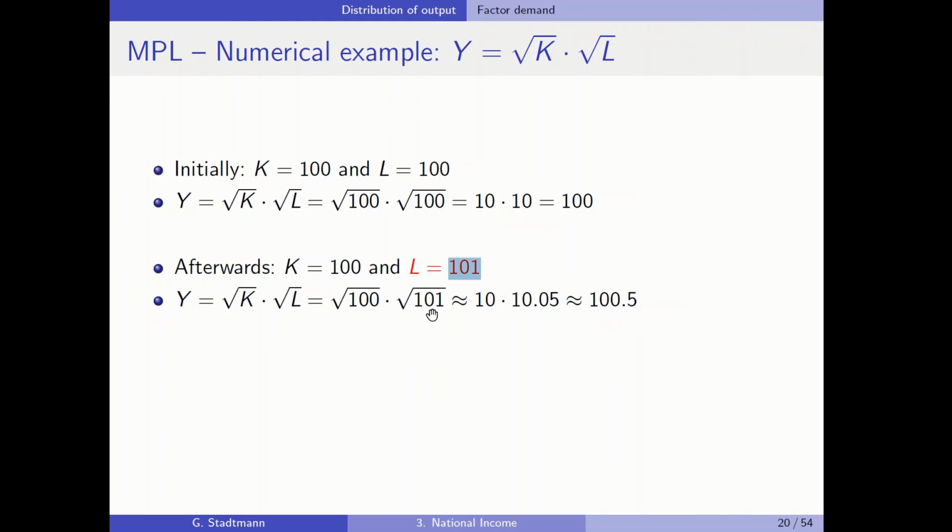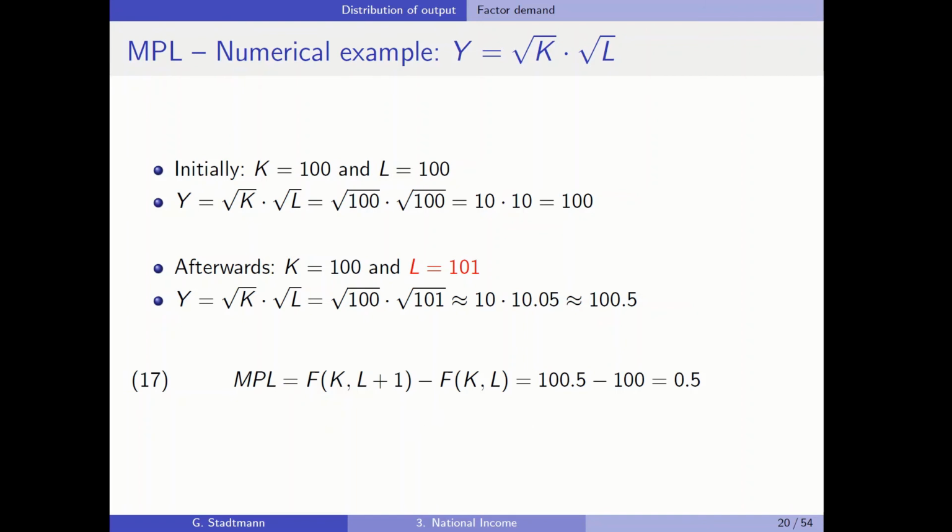So the square root of 101 is equal to 10.05, so that the output is equal to 100.5, and therefore the marginal productivity of labor is equal to the difference of these two outputs. The marginal productivity of labor is equal to 0.5 good units. The textbook uses this definition of the marginal productivity of labor.